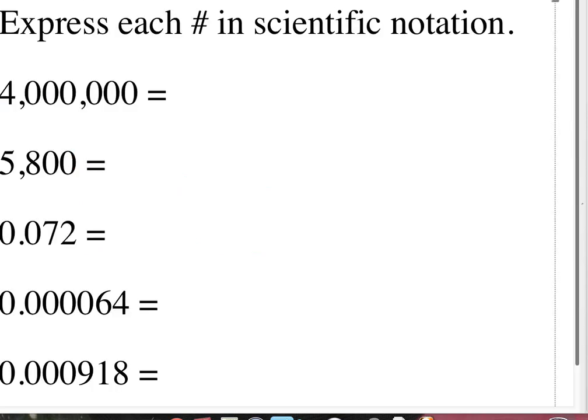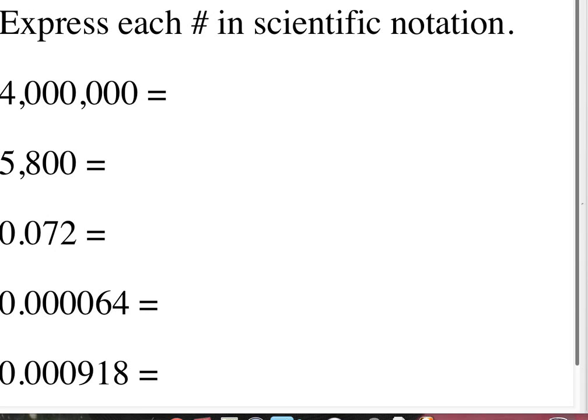Let's take some that are written in standard form and squish them down into scientific notation. Okay, we can do that. So for this, it's all about where is the decimal now and where does it need to be in good scientific notation. So if I'm looking at this number, 4 million, where's the decimal now?